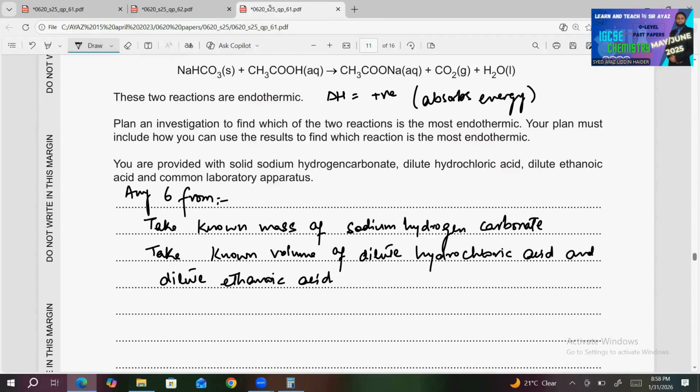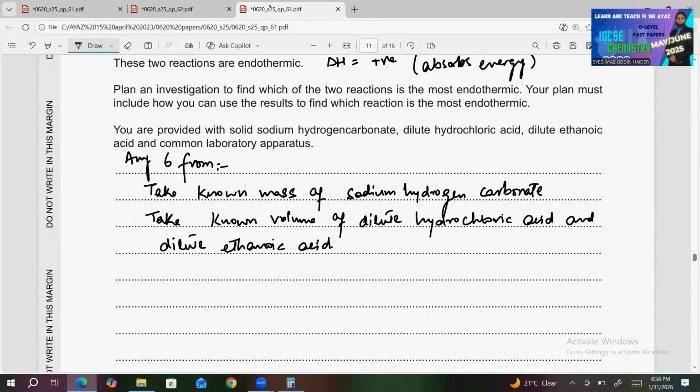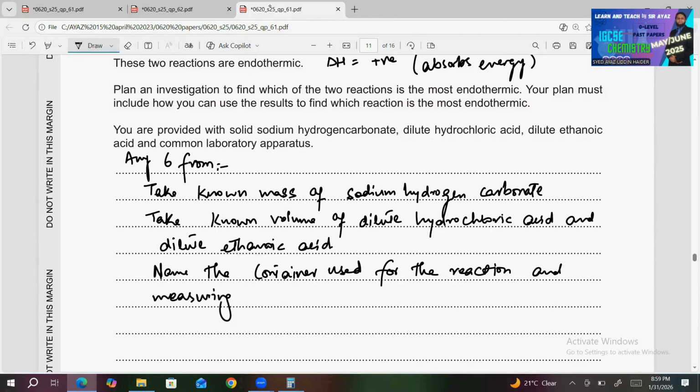Then you have to write the name of the container in which you are taking these. Name the container used for this reaction and measuring the volume of acid.